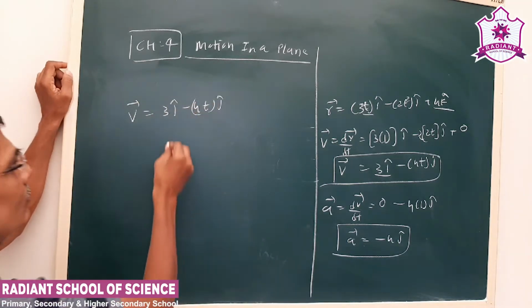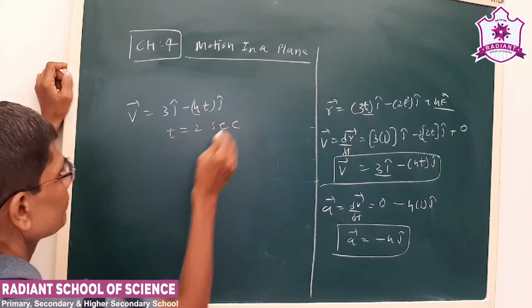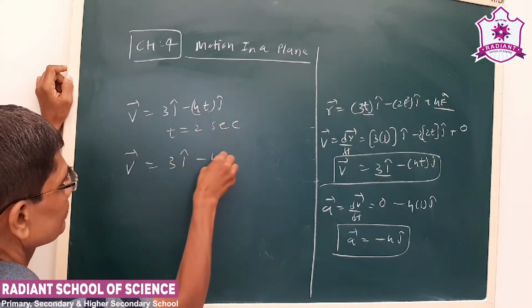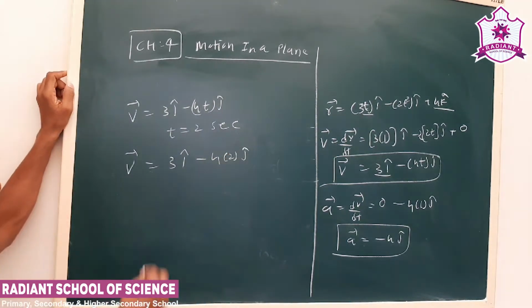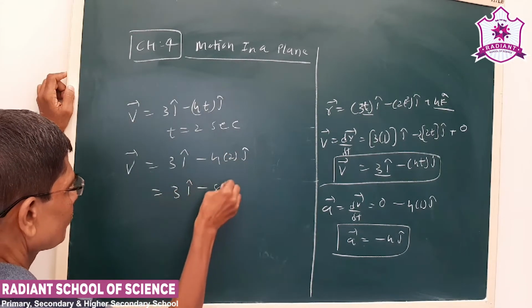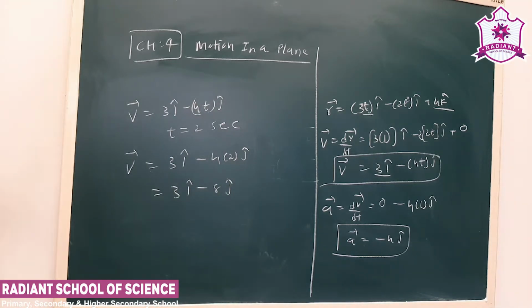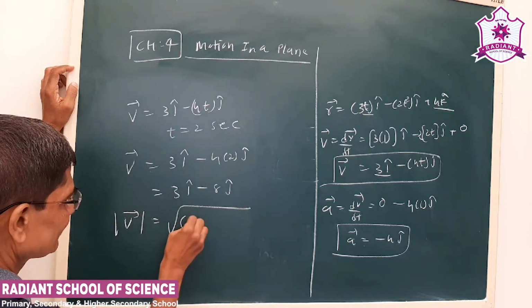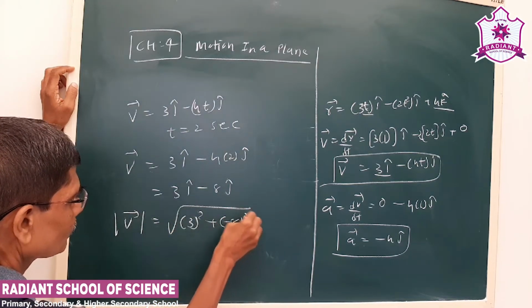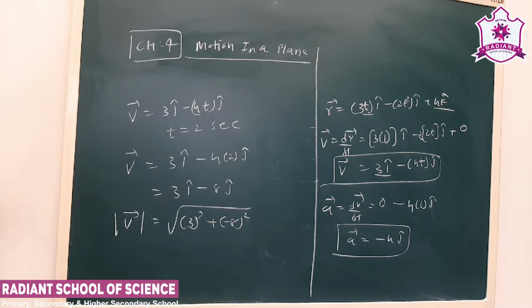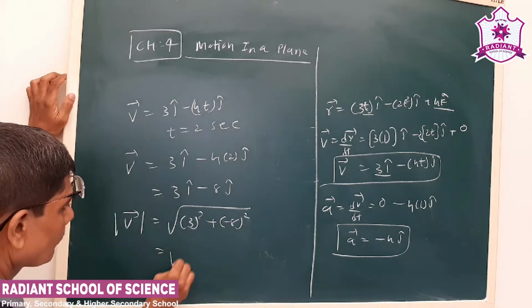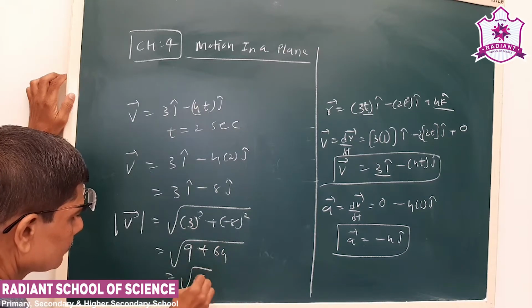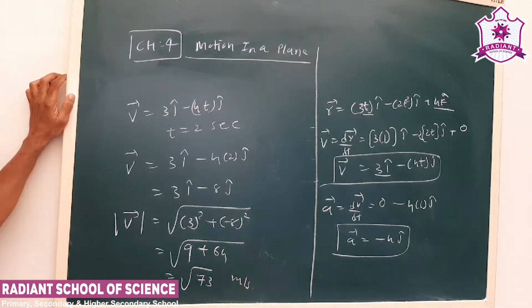At t is equal to 2 seconds, v is equal to 3i minus 8j. The magnitude is the square root of nine plus 64. This is the magnitude of the velocity.